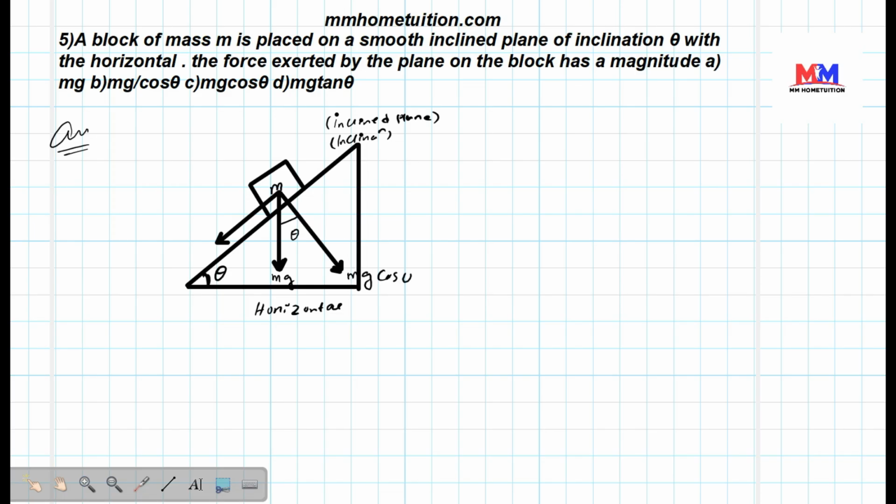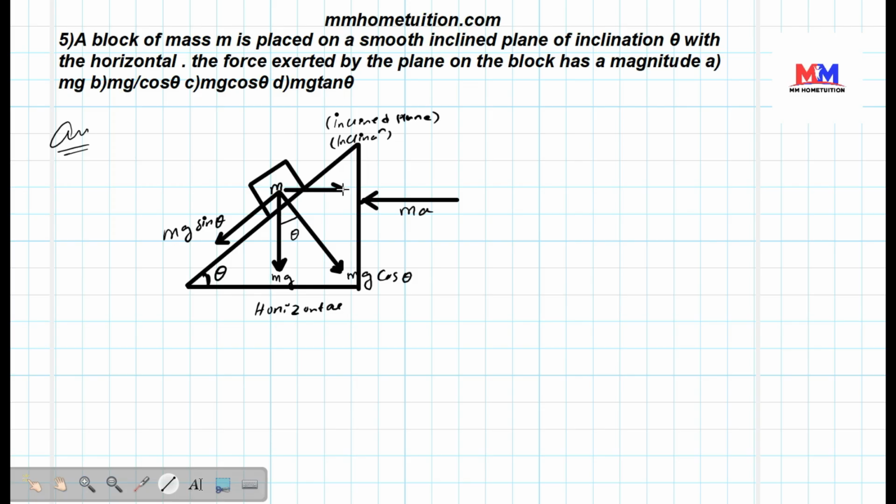So if a force is applied on this wedge, then due to the pseudo force, this force is ma.